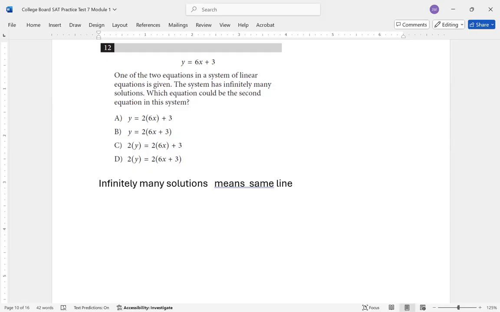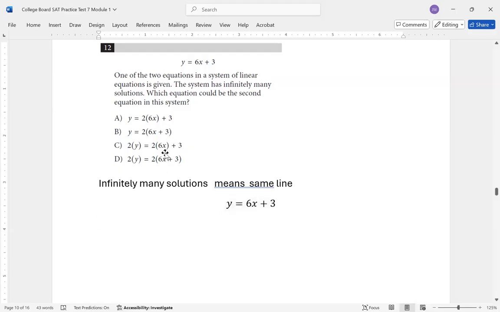So I need a line that is equivalent to y equals 6x plus 3. If I want a line that's the same, well, I can add numbers to both sides, I can subtract numbers from both sides, I can divide numbers on both sides, or I can multiply numbers to both sides.